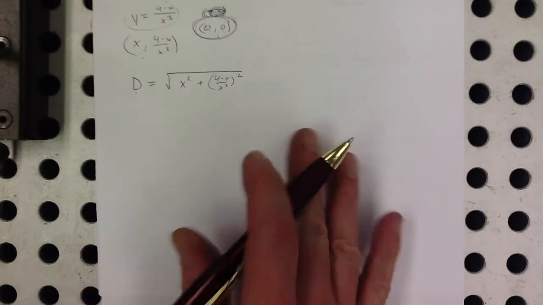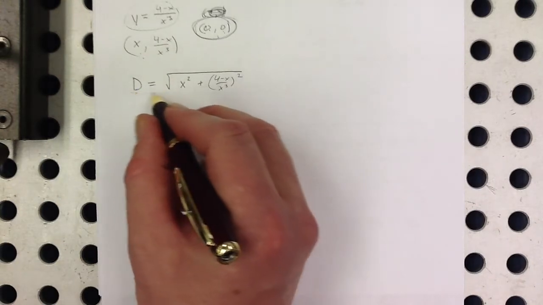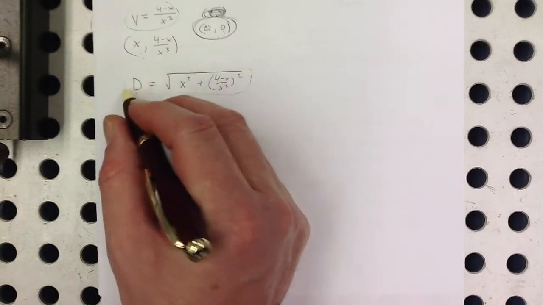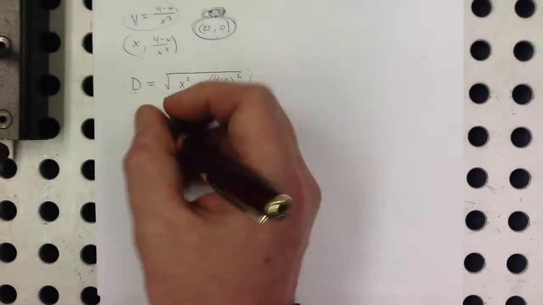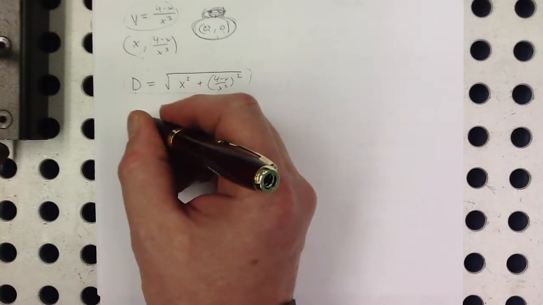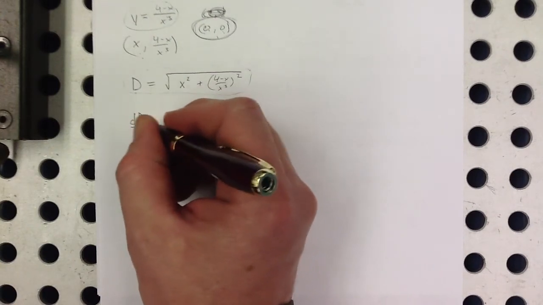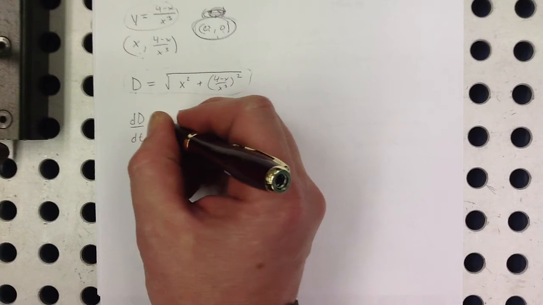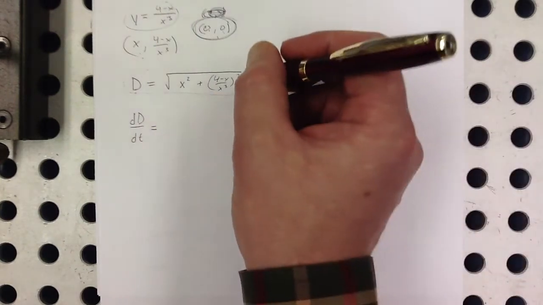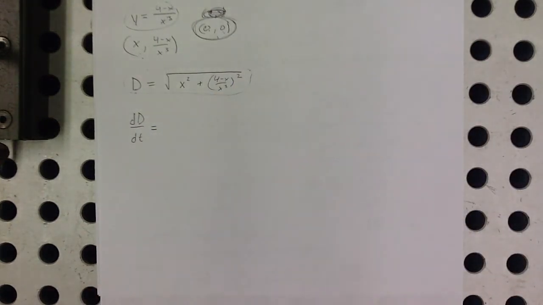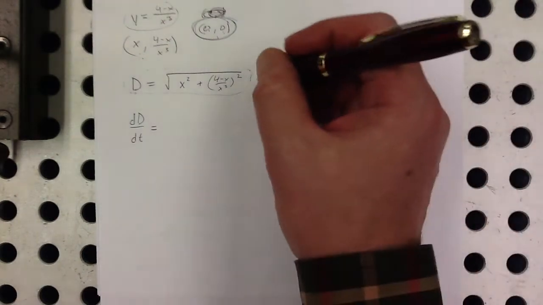So let's see if we can do this. So taking the derivative of this equation with respect to time, we have dd dt is equal to, I guess I better simplify this first, huh?